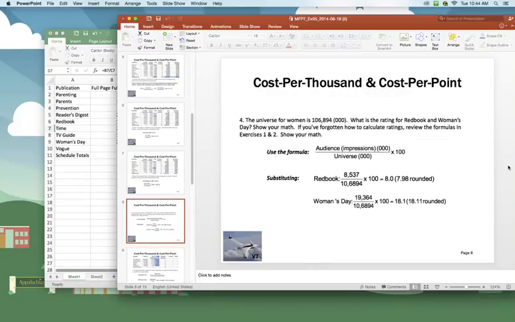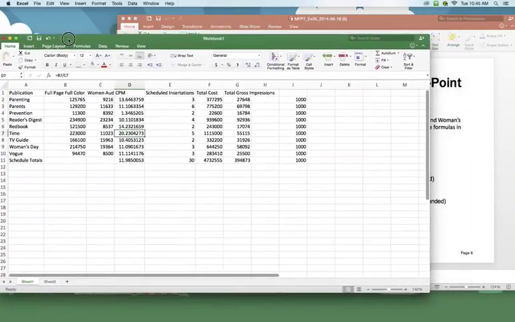So let's look at number 4. They basically say, let's say the universe for women is 106,894. What is the rating for Red Book and Women's Day? And it says to show your math. They have the formula here, and again, it's pretty easy. I'm going to pull up my Excel here.